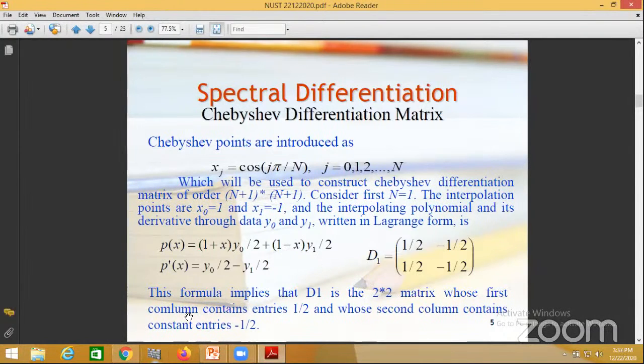The formula implies that D1 is the 2 by 2 matrix whose first column contains the constant entry 1 by 2 and whose second column contains the constant entry minus 1 by 2. Actually 1 by 2 is due to the coefficient of y0, and minus 1 by 2 is the coefficient of y1. This is how the Chebyshev spectral differentiation matrix of order 2 by 2 can be obtained.